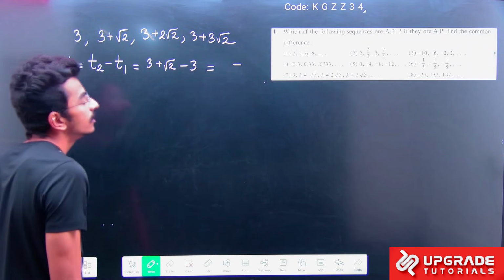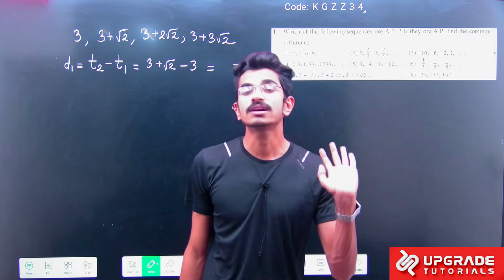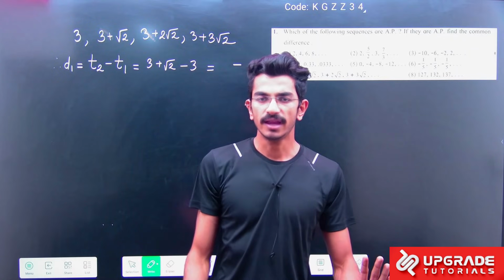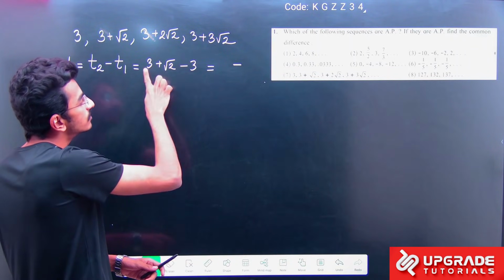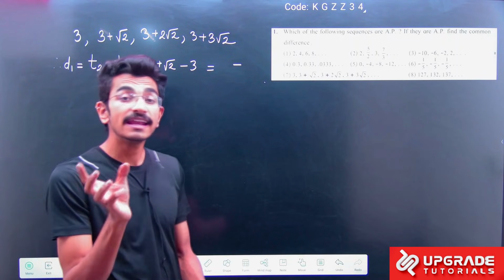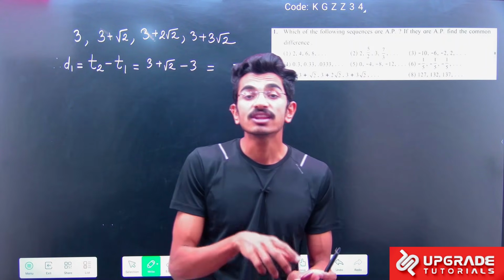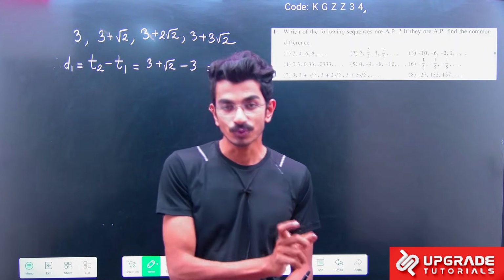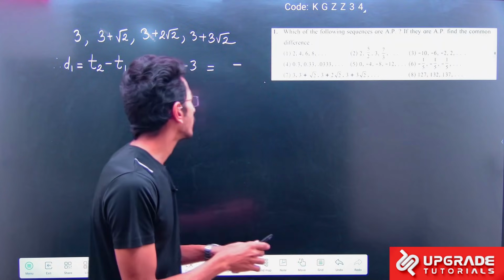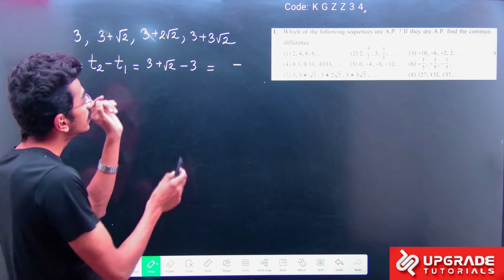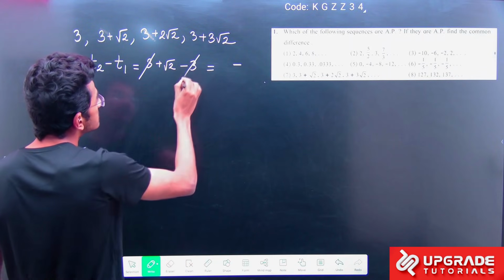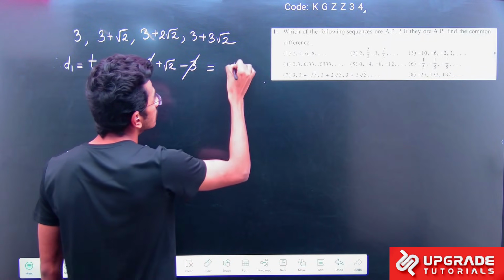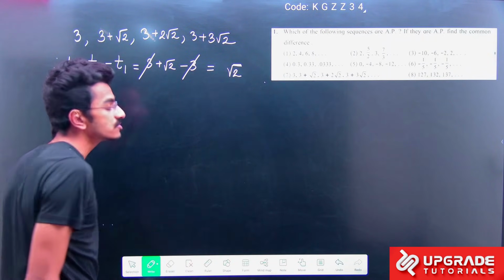So now whenever the root comes, just keep in mind you have to subtract the integer by integer, and subtract the root digit by the root digit. I'll explain. Here the integer is 3 and minus 3, so clearly 3 and minus 3 get cancelled. The answer becomes root 2.